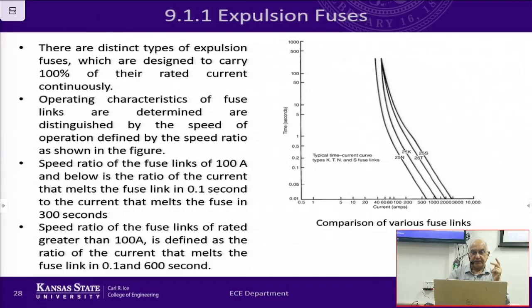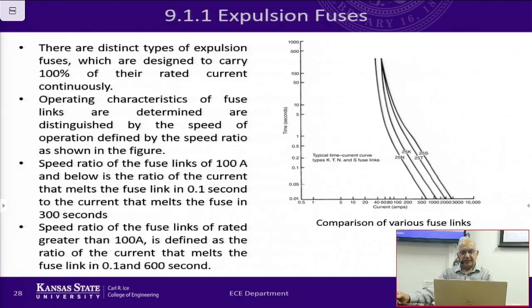They come in different designations, and typically their characteristics are shown here, where the x-axis is the current and the y-axis is the time it takes to operate. The higher the current is, the faster it's going to melt the fuse, because of I squared R. More heat, so faster melting.